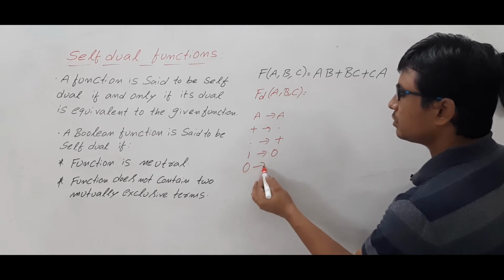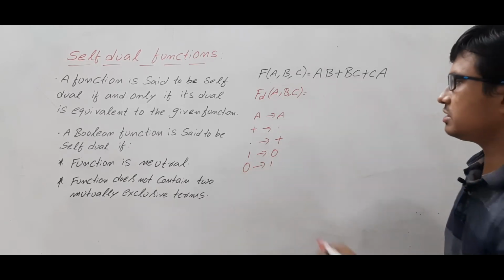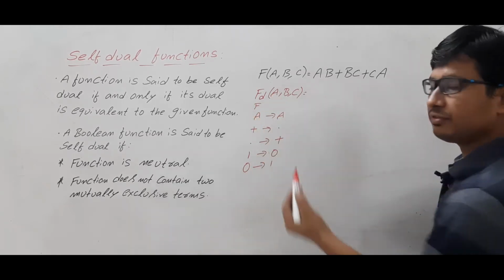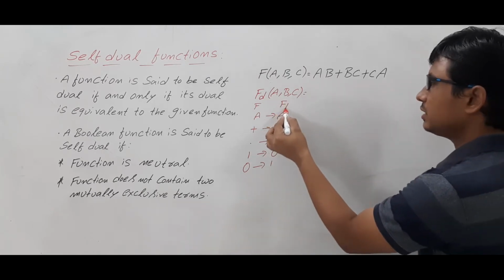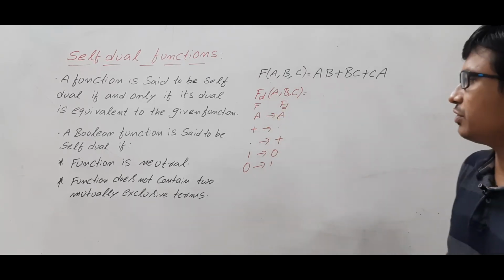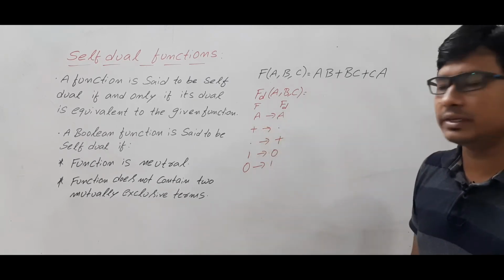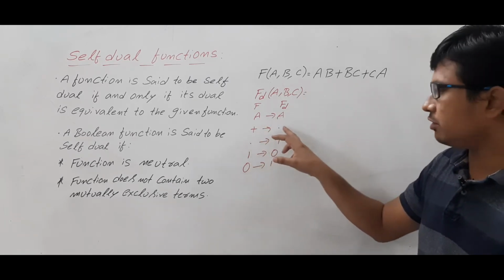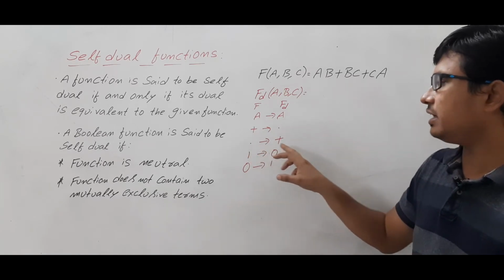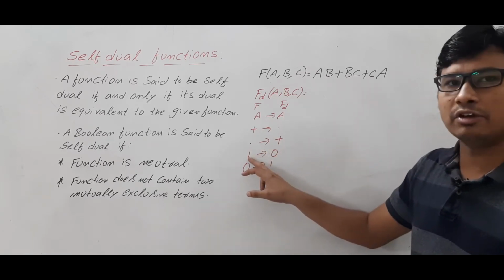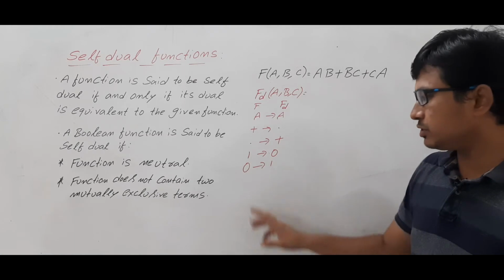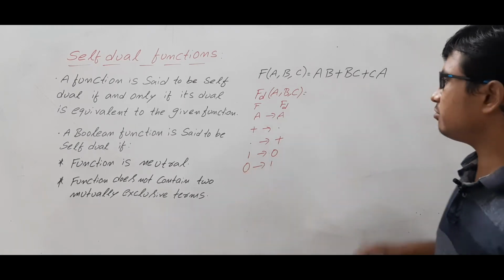If it is 0, it will become 1. So this is the given function f and this is the dual. Are you able to understand?